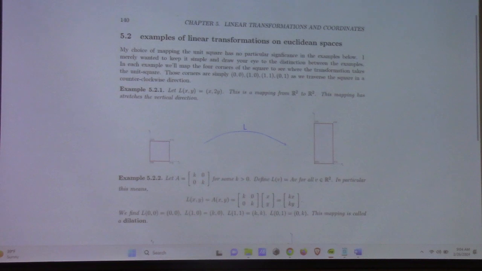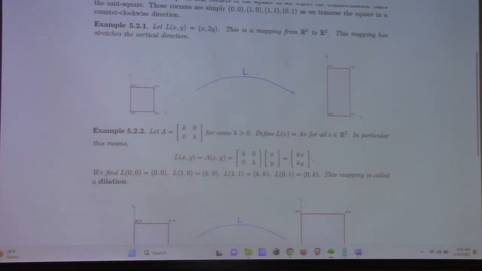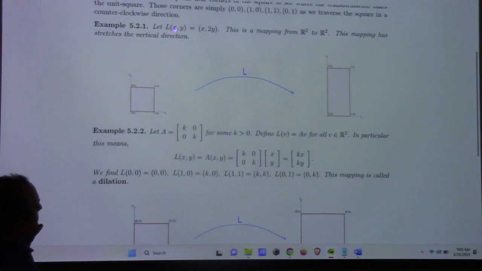Yay. So here, what I do in these notes, and this would take me forever and a day to work out on the board, so I'm very grateful for the projector here because we can get a lot in a very short time. Here, the linear transformation is defined by (x, 2y). So this is rescaling the vertical and keeping the horizontal the same.